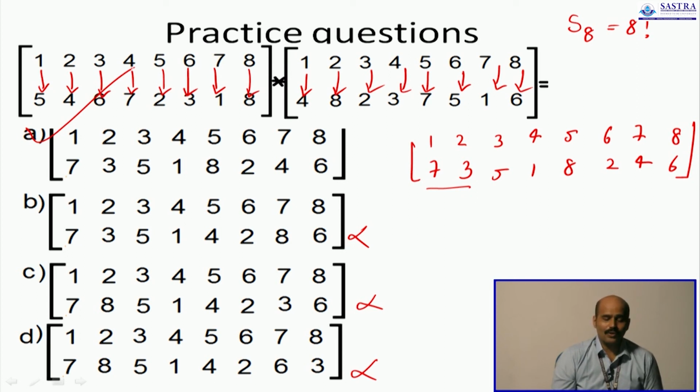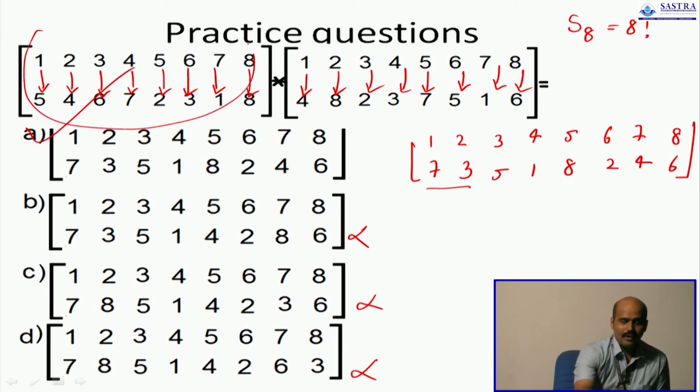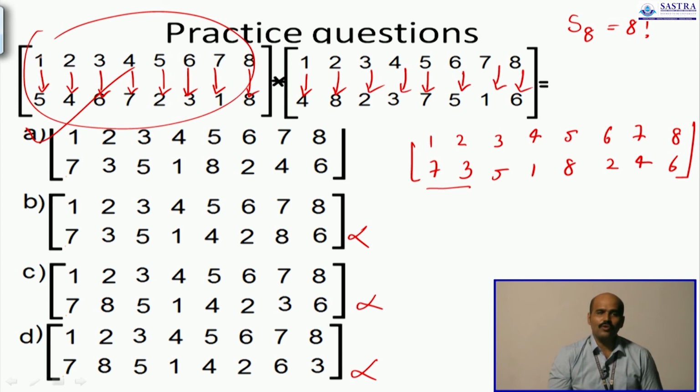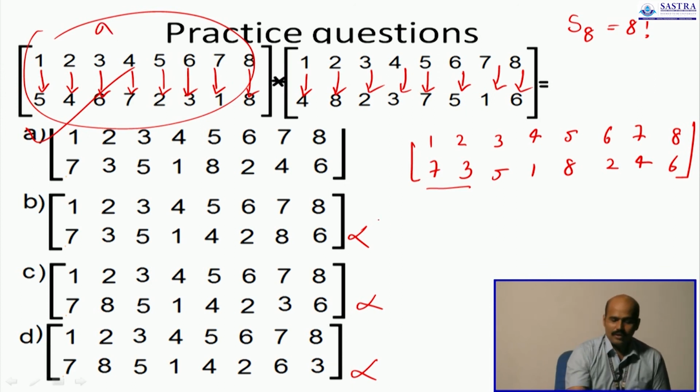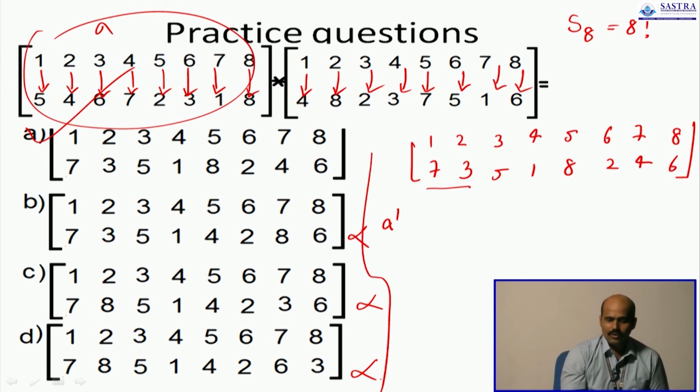If you want, we can also find the inverse of this element. To find the inverse, we saw an easy way. Let us call it A, and to find A inverse, what we will do is write the images first and then flip them. So writing the images is 5 4 6 7 2 3 1 8.